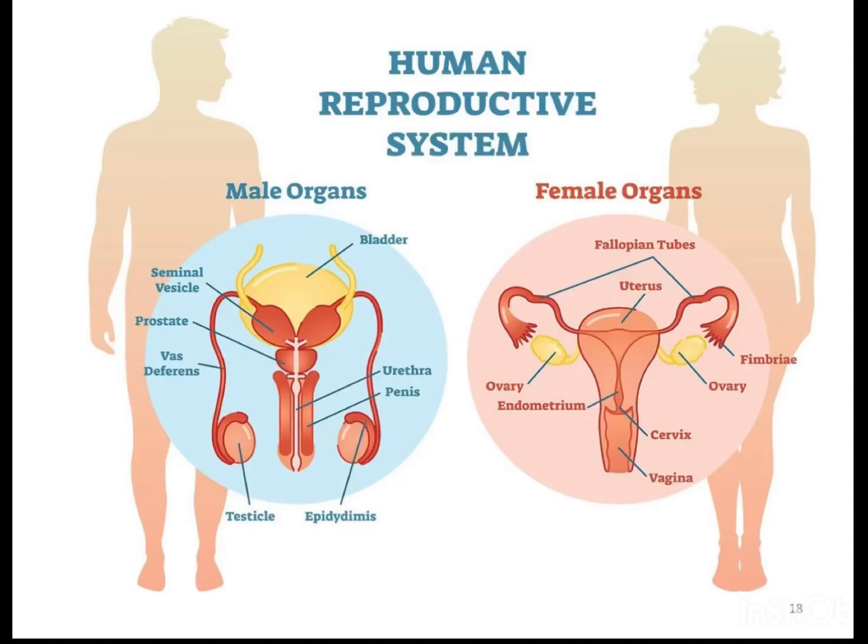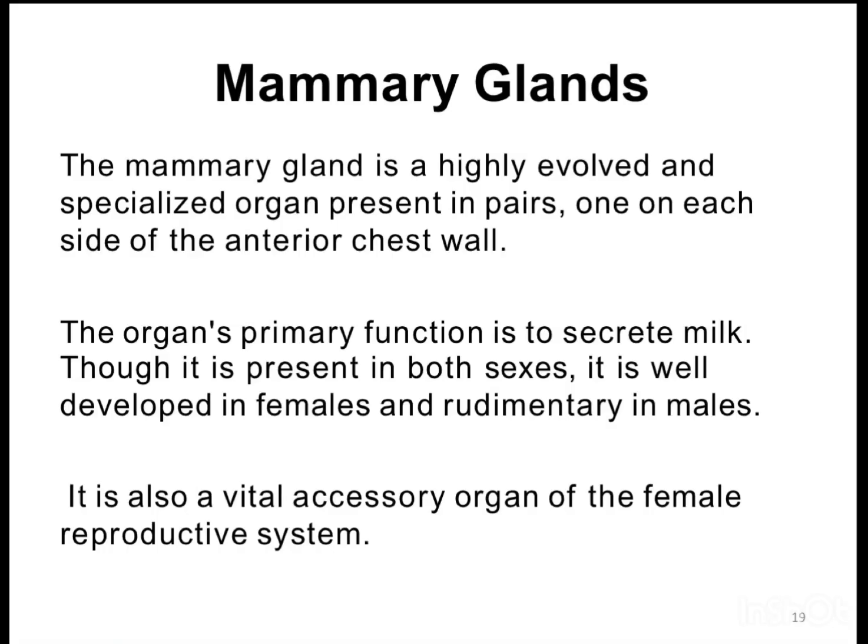Human reproductive system. Male organs: bladder, urethra, penis, testicle, epididymis, seminal vesicle, prostate, vas deferens. Female organs: fallopian tubes, uterus, ovary, endometrium, fimbriae, cervix, vagina, mammary glands.